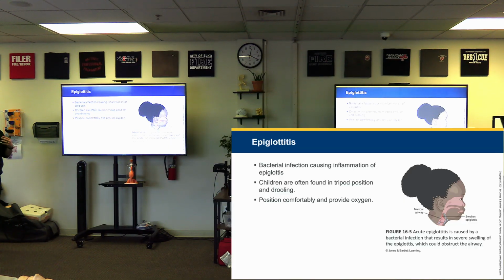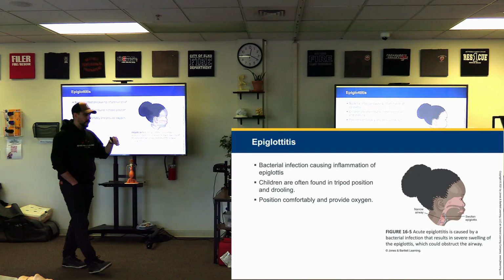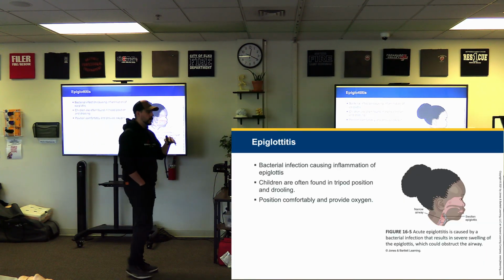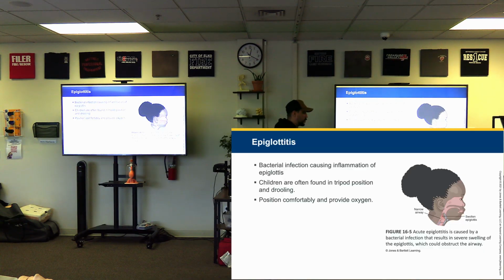So the problem with this is that if we mess with that kid's airway too much, we run the risk of that epiglottis sealing itself closed, which, because the epiglottis is designed to close the trachea so when we swallow we don't get things down in our lungs, you can kind of sense where this is going, right? The kids are going to have a hard time getting air in because that epiglottis is now impeding that trachea.